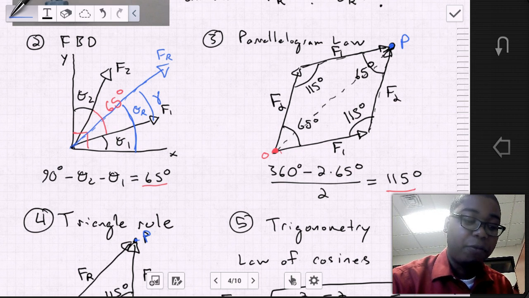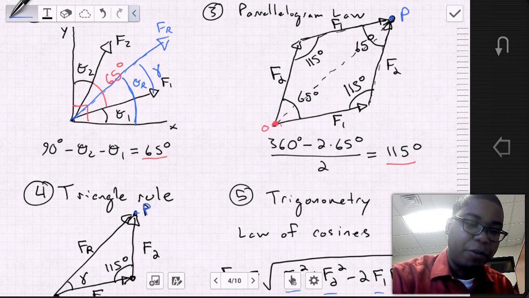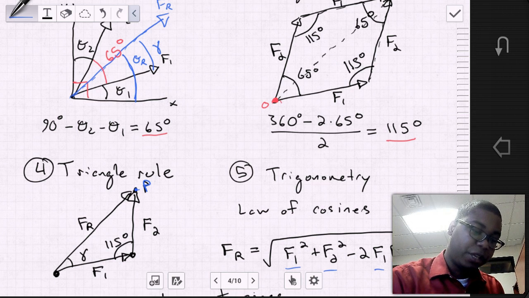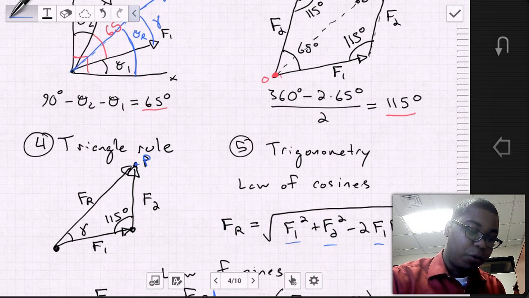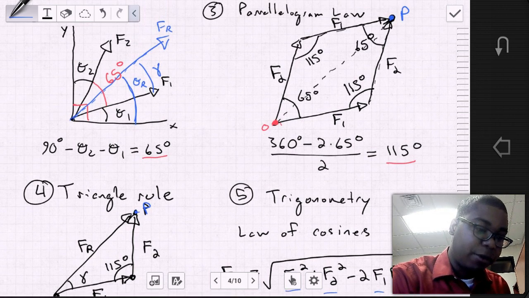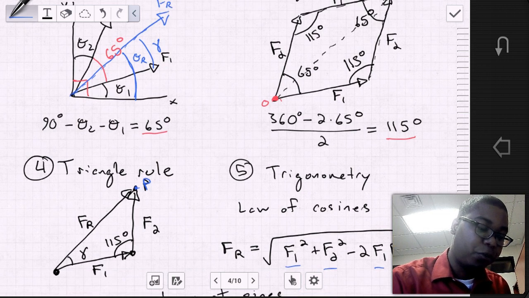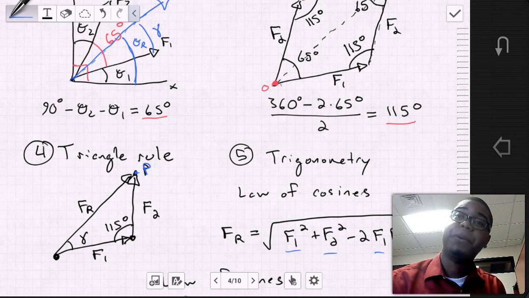And our triangle rule is exactly half of the parallelogram, so we can take that 115 degrees and apply it directly in our triangle. We also find, if we look at our free body diagram, that the angle between F1 and FR, which we call gamma, appears within the triangle.